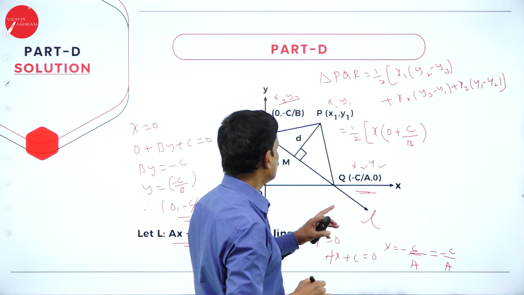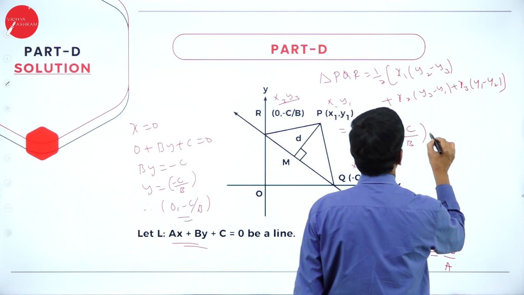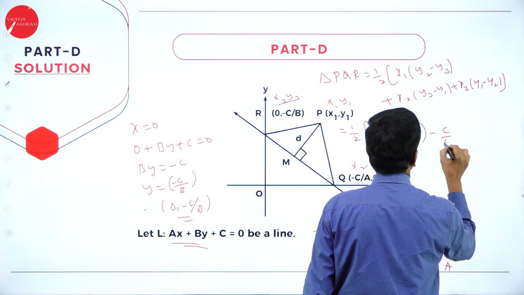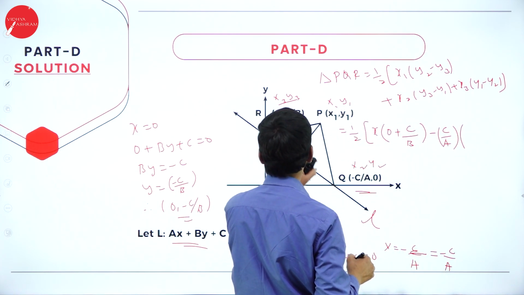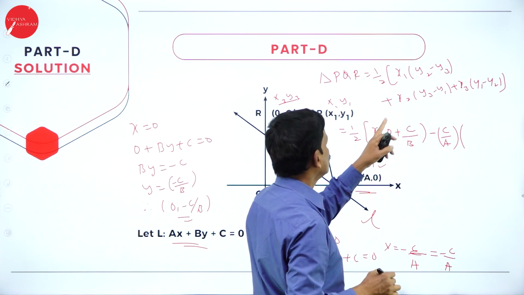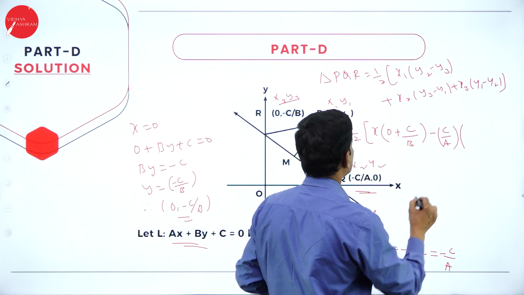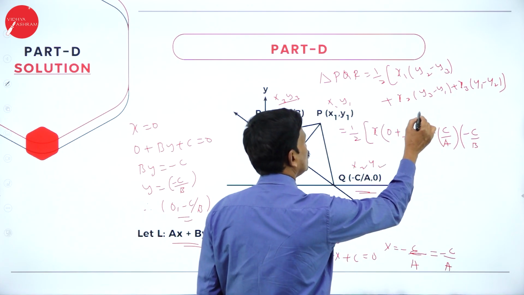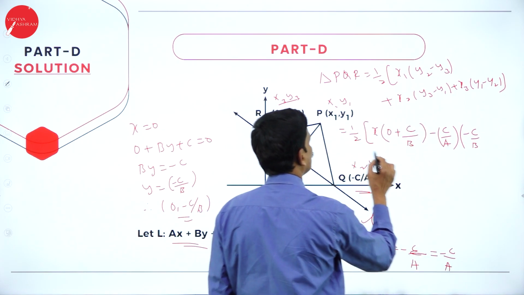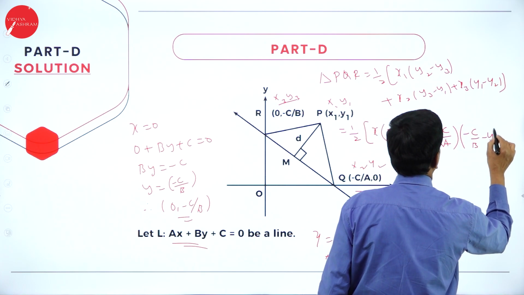Again plus x2. x2 is equal to minus c by a, into y3. y3 is minus c by b, so x2 into y3. Then y3 minus y1. What is y1? y1 is y.